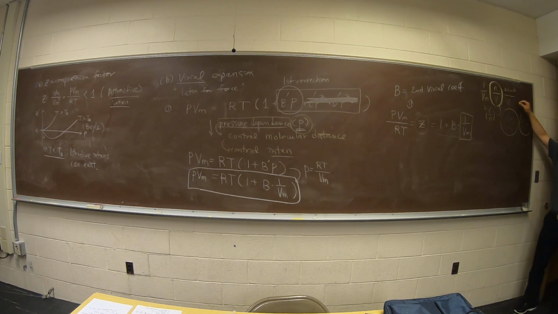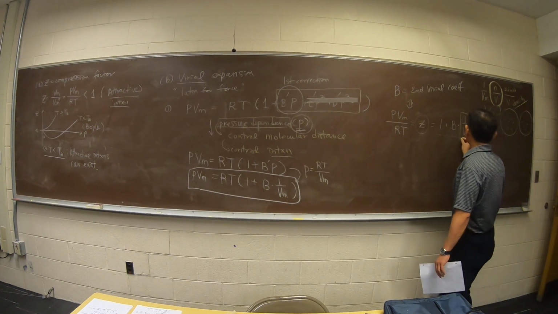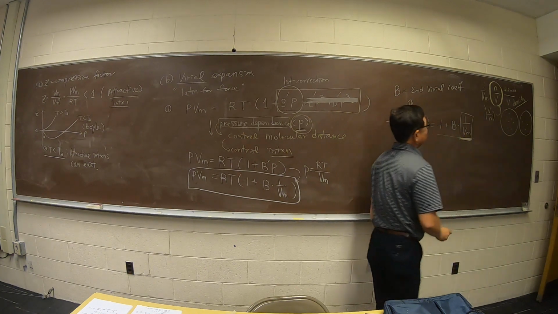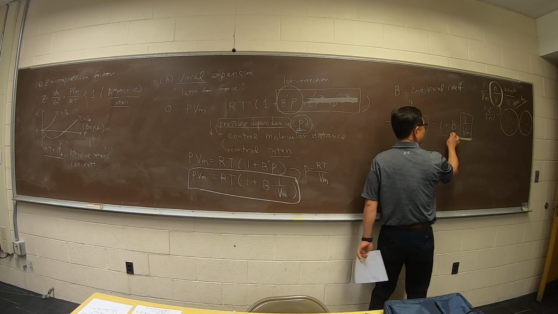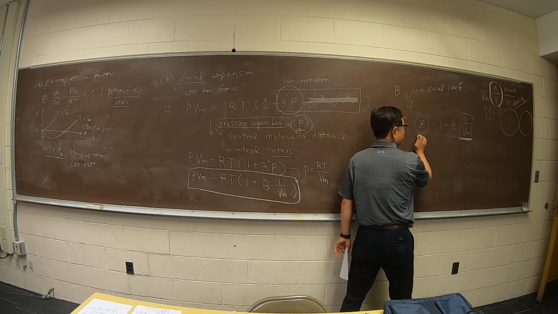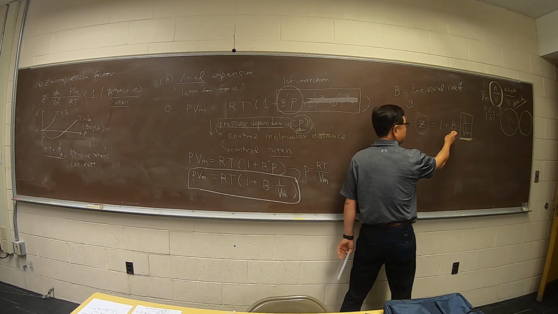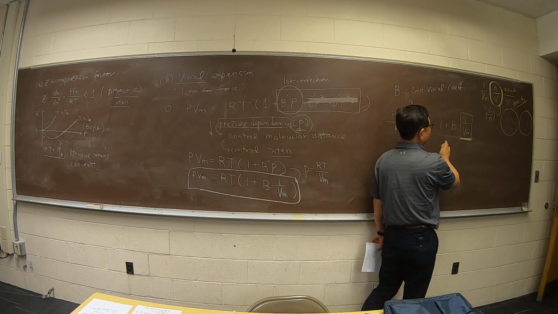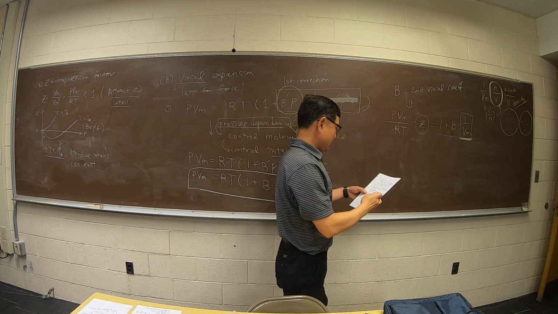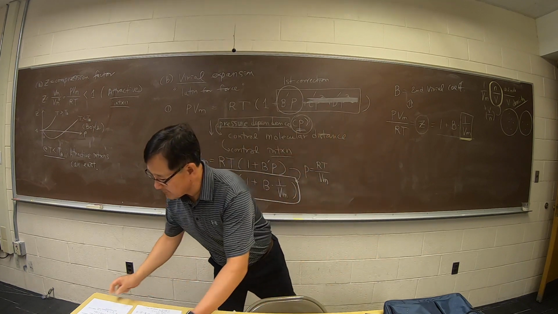It represents density, what I call the probability for you to find this gas molecule. So this is the density term, and depending on the B value, when B is positive, it is repulsive interaction, when B is negative, it is an attractive interaction, and we can expect that.